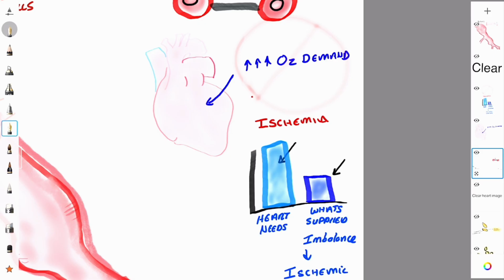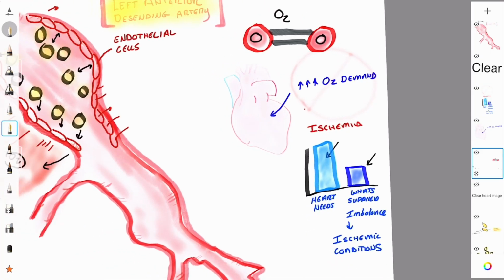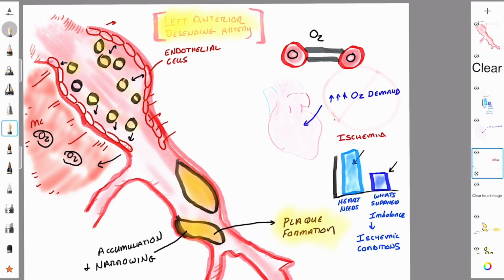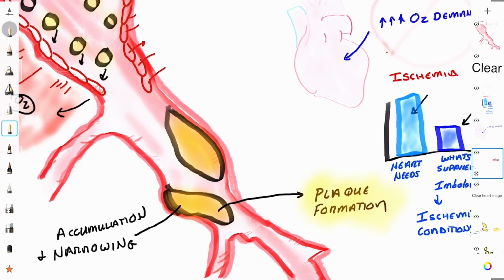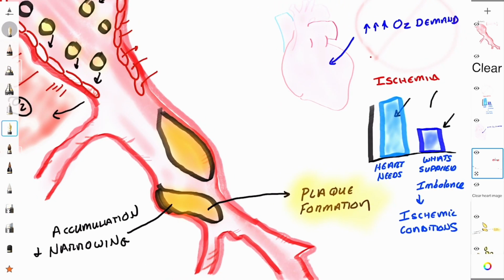So we have this imbalance, just like we did with chronic heart failure, where the needs of the heart are not getting met by the capability of the heart, and that comes from this plaque formation, right? So we have this plaque formation now, and it is severely decreasing the oxygen delivery, and that is not meeting the demands of the heart.